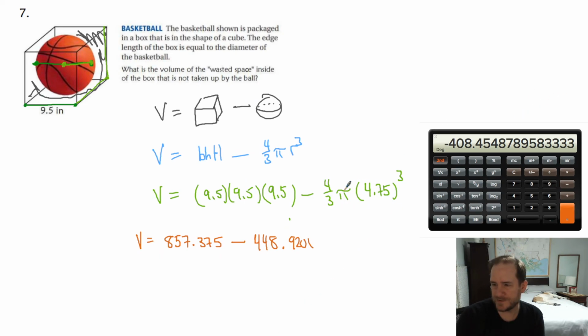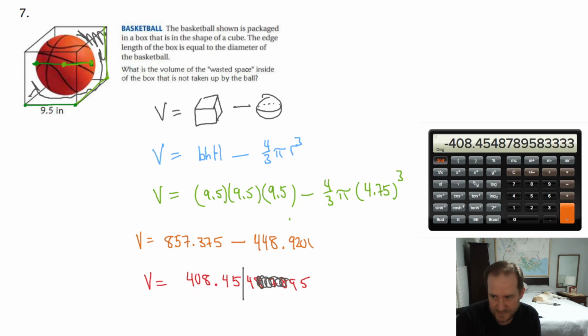I'm going to round it to 2 decimal places like I'm supposed to. So that means I'm getting 408.45, and then a 4, and then an 8, and then a 7895. But again, if I want you rounding to 2 places, then the only thing you look at is the third.